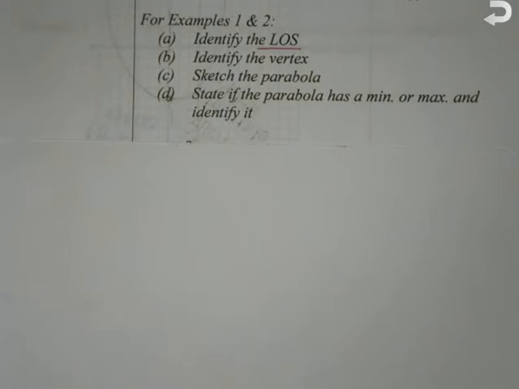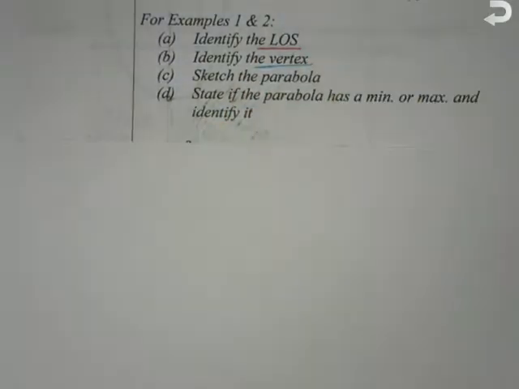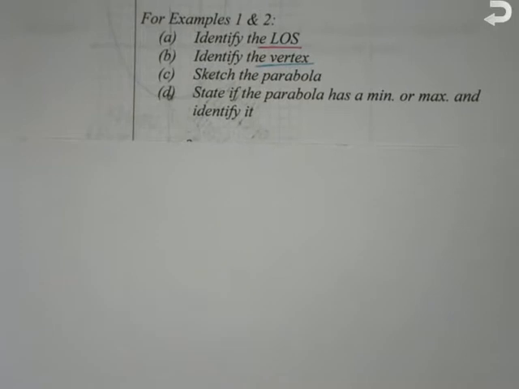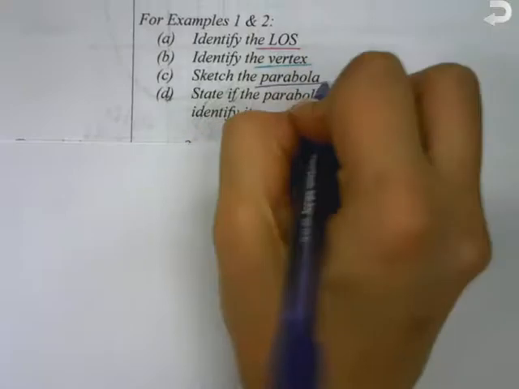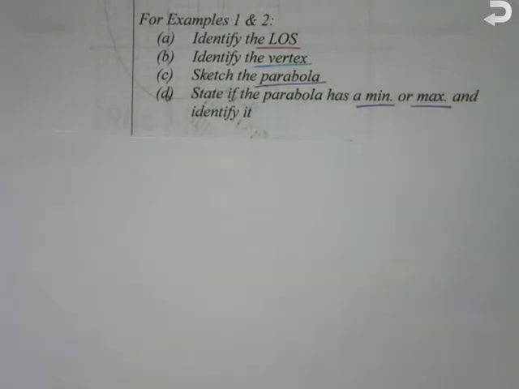We will sketch the parabola, and then we're also going to state if it has a minimum or a maximum. Depending on if our parabola is opening up or down, that means we have either a minimum or a maximum.